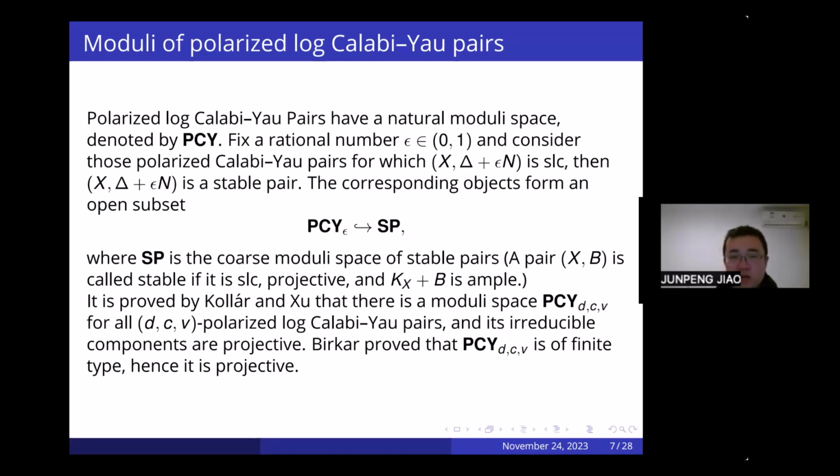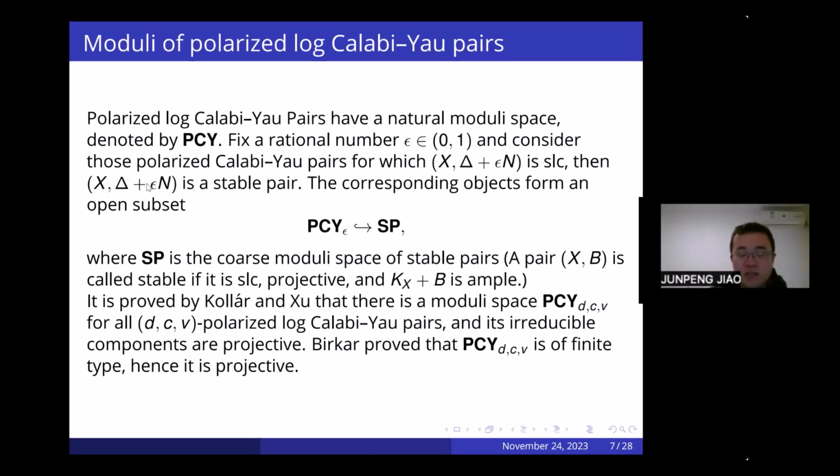So fix a rational number epsilon and consider those polarized Calabi pairs for which (X, delta + epsilon N) is SLC. Then (X, delta + epsilon N) is a stable pair. We say a pair is a stable pair if it has SLC singularities and is projective, and K_X plus the boundary, the canonical class of the total space, is ample.